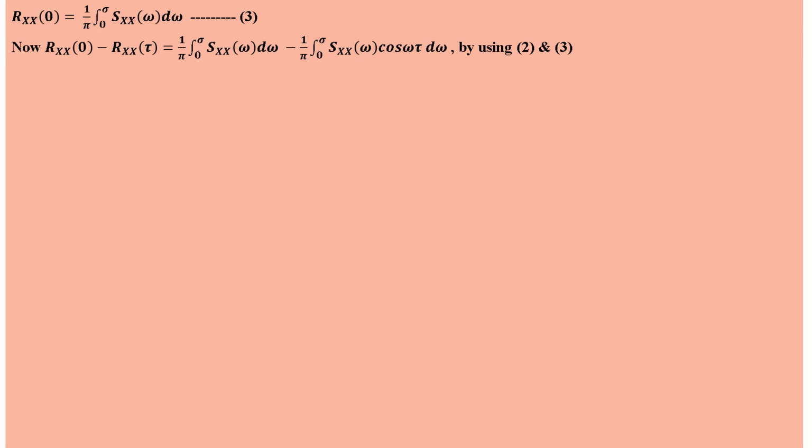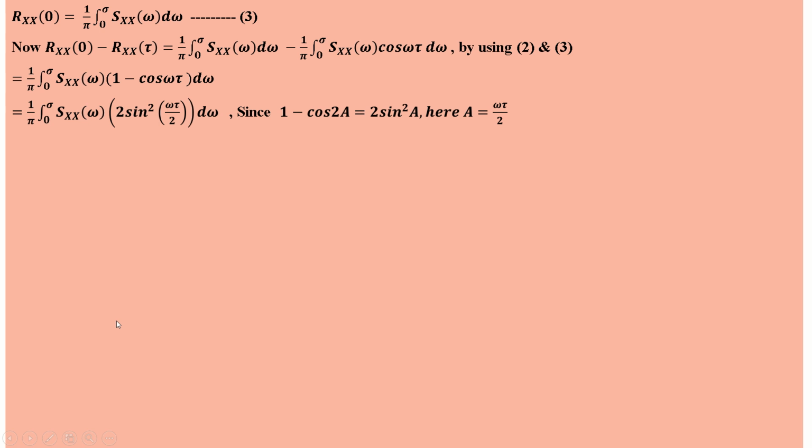Now Rxx of 0 minus Rxx of tau is equal to 1 by pi integral 0 to sigma Sxx of omega d omega minus 1 by pi integral 0 to sigma Sxx of omega cos omega tau d omega. We are using equations 2 and 3. That is equal to 1 by pi integral 0 to sigma, grouping this, Sxx of omega is common, take it outside. First integrand 1, second one cos omega tau: 1 minus cos omega tau d omega.